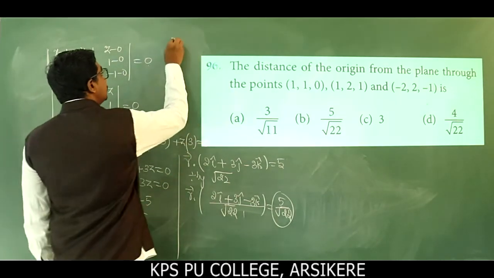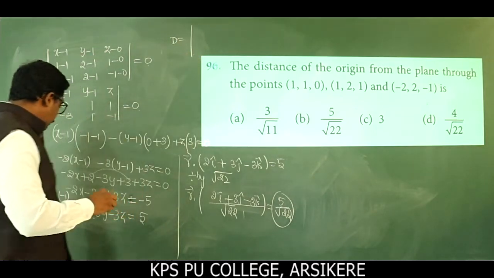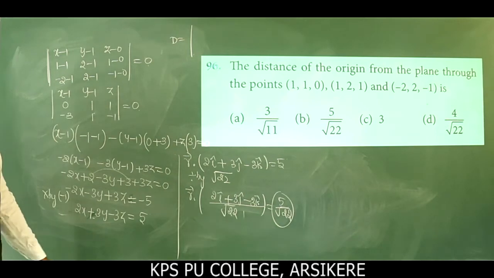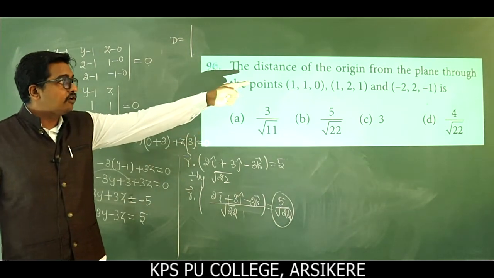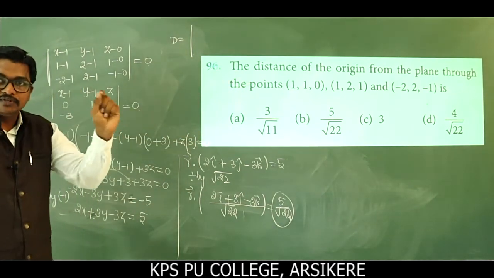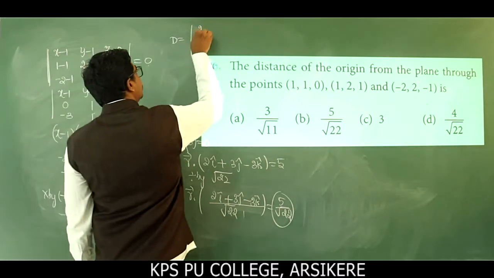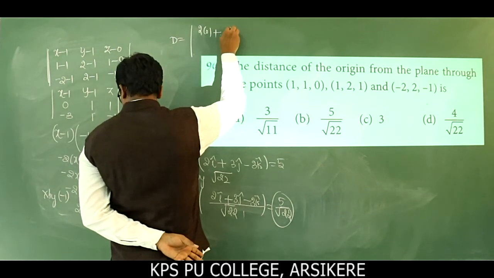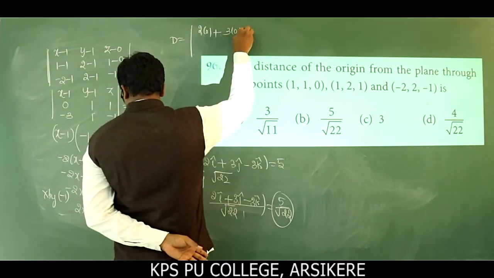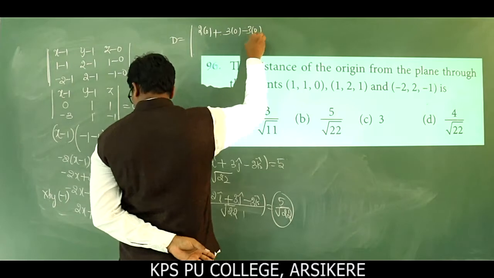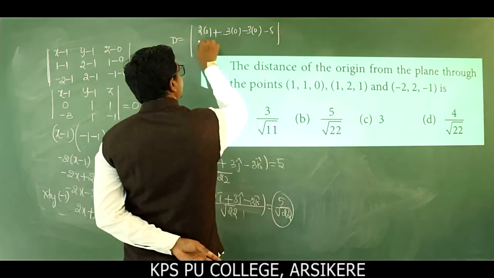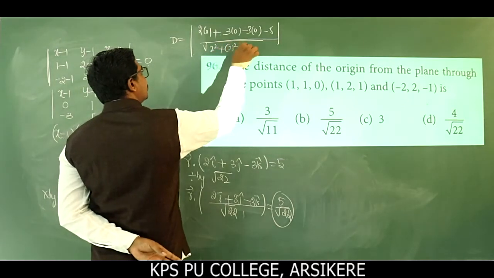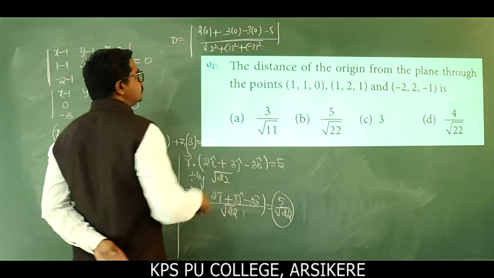For this one, d is equal to the modulus of, sorry, x y z are replaced by what? 0, 0, 0. We have to find the distance of the origin, right? 0 comma 0 comma 0, that becomes 2 into 0 plus 3 into 0 minus 3 into 0 minus 5, divided by root of 2 square plus 3 square plus minus 3 whole square.